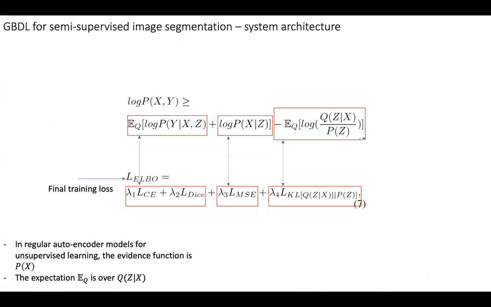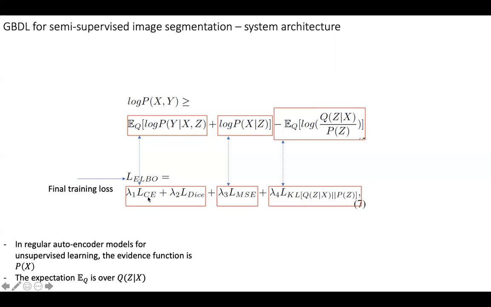So the starting point of this paper is like this. First, it considers the general distribution of the input image and the mask label and derives an evidence lower bound. And in practice, this evidence lower bound is calculated via this new formulation in equation 7. So it contains three components. The first one corresponds to the conditional distribution of the mask label.